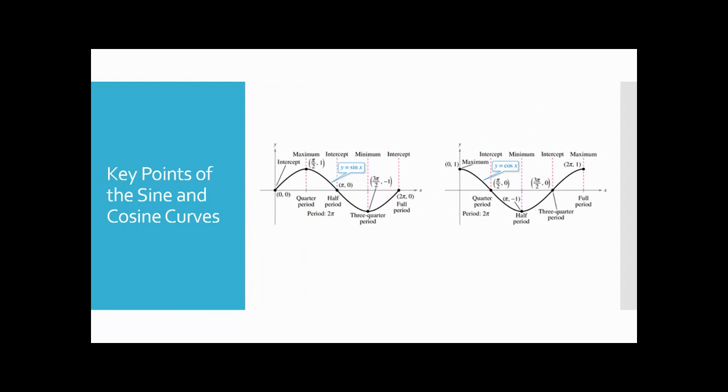Then you're looking at where the maximum and the minimum points are, and then where your halfway points are between each of those. They are different depending on which curve you're looking at, because they are shifted by about pi over 2. But if you know these key points, then you can use this to graph pretty much any sine or cosine function. All you need to do is apply the transformations to these key points, and that will get you your new function.